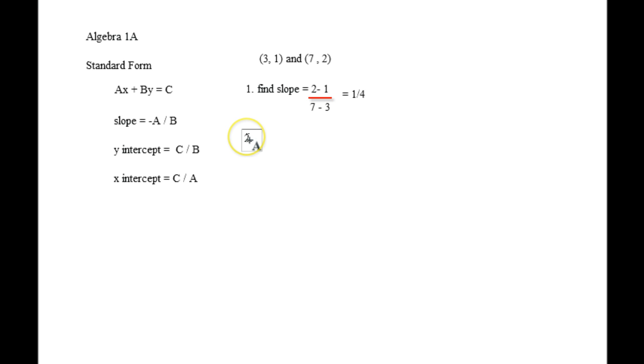Step number 2 is plug into point slope form and simplify to slope intercept.